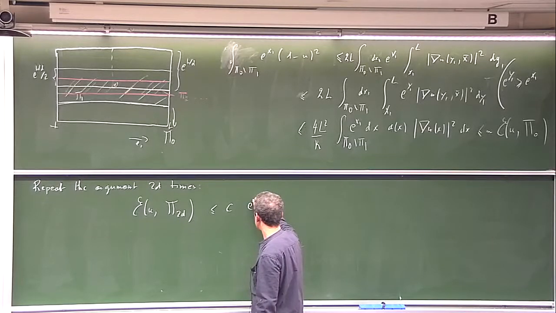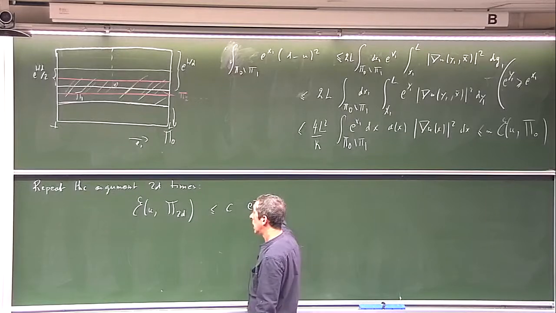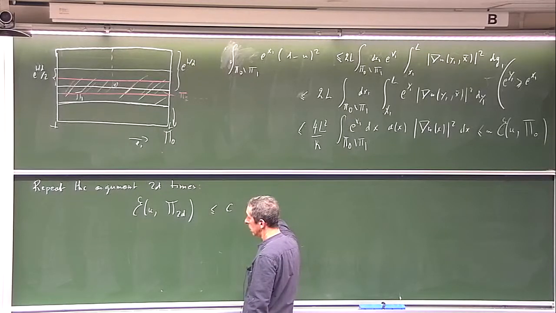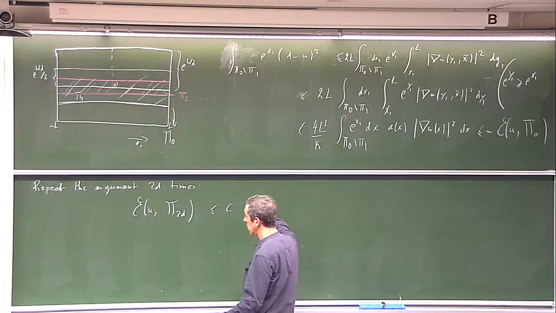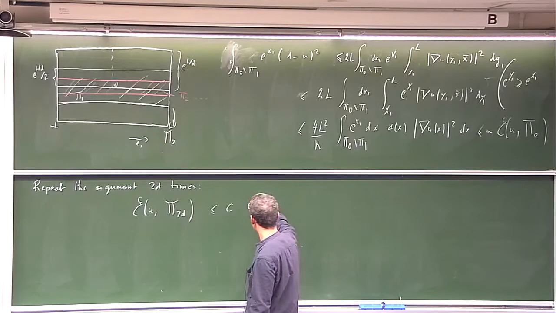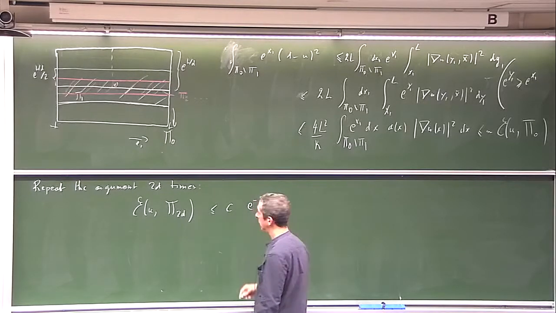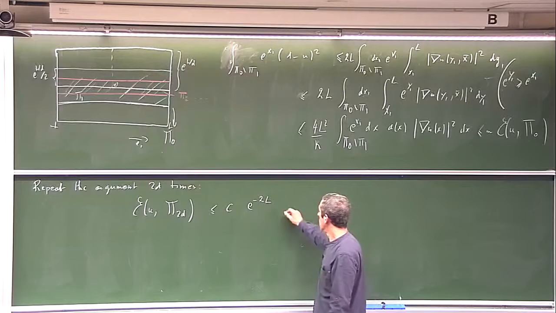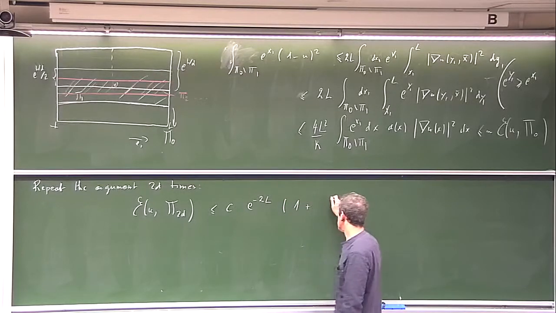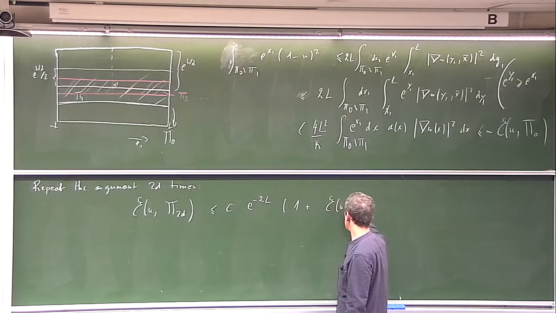Exponential minus L over d, 2d times, so minus 2L. And then we still have something like 1 plus the energy of U on pi 0.